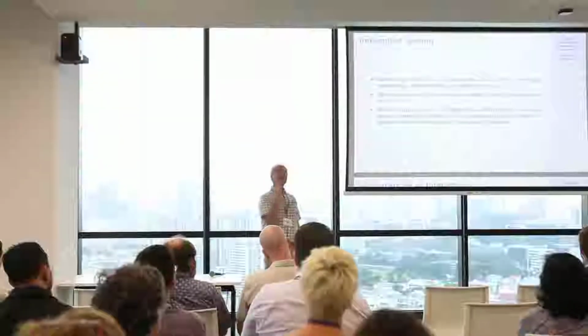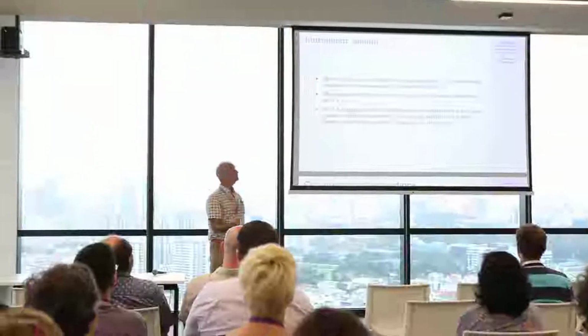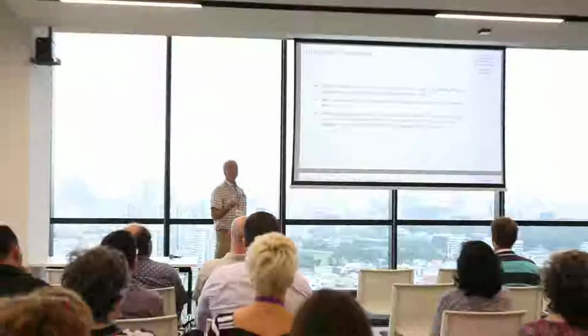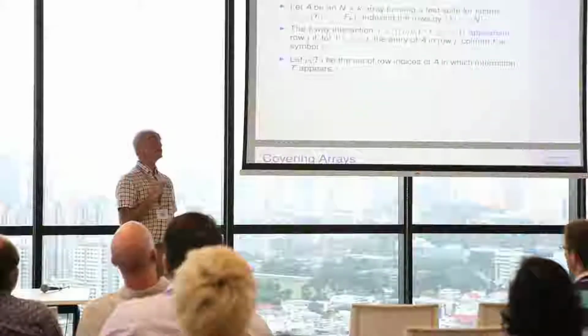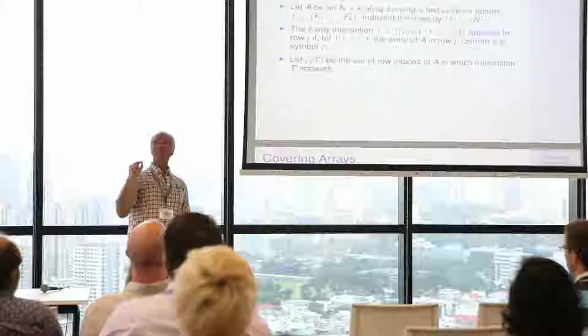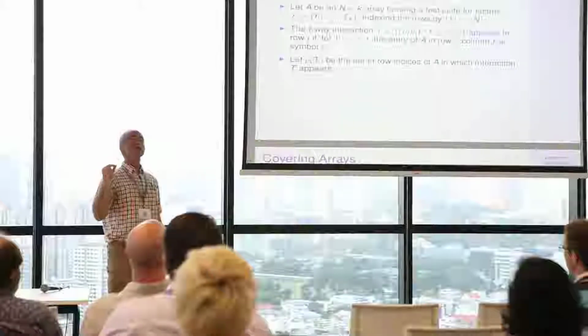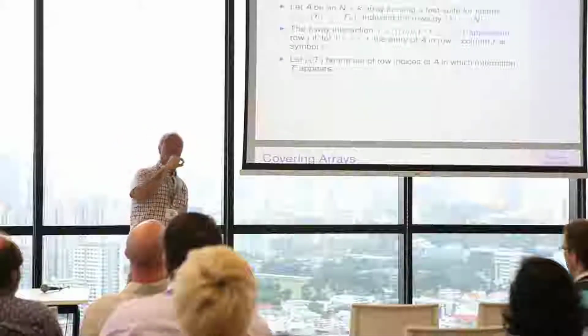So we make the assumption that if there's an interaction that affects the way the system behaves, then it involves some number S of values for each of the T corresponding factors. Look at each of the rows and see whether in the specified columns you find the specified values.